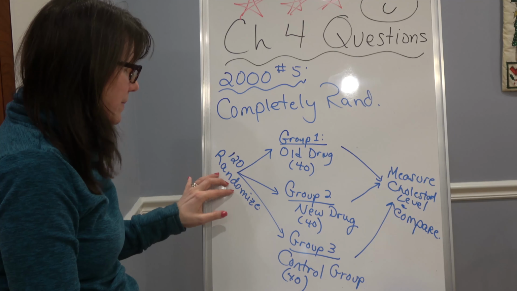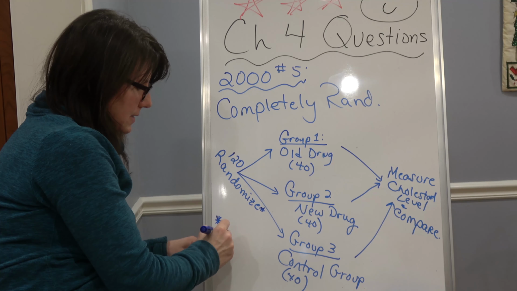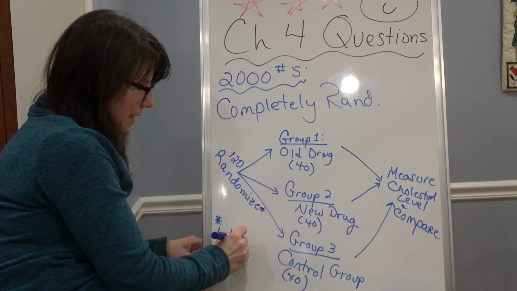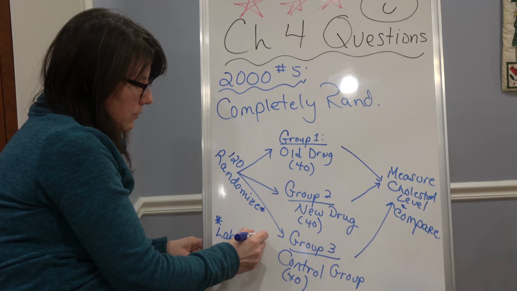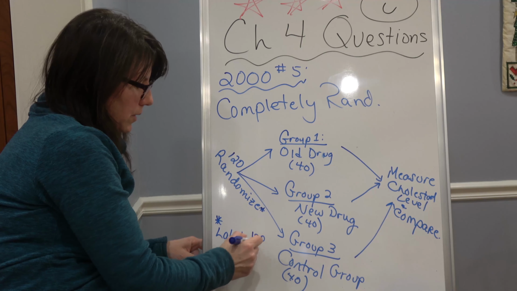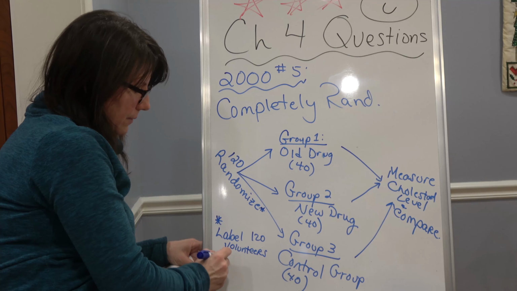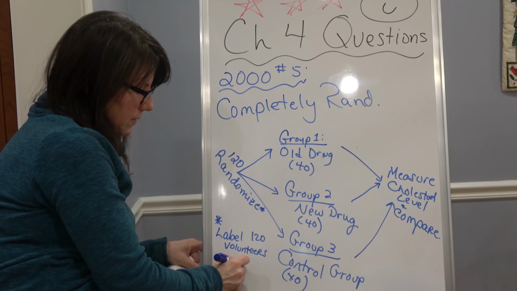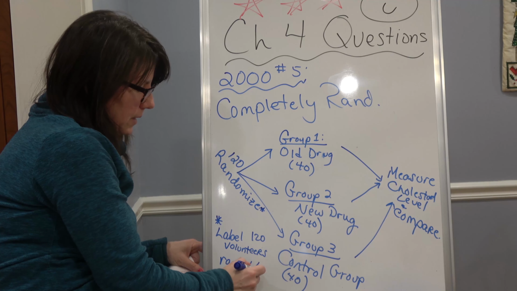Some questions ask you to explain the randomization process. If I wanted it to be really complete, I would say exactly how I would do it. So I would label the 120 volunteers. Then I would use random integer, if that's okay with them, no repeat, 1 to 120, 40.